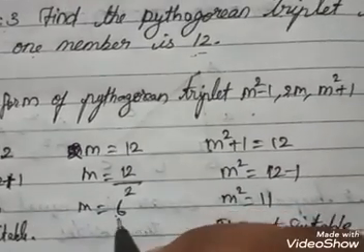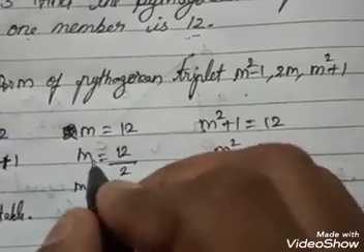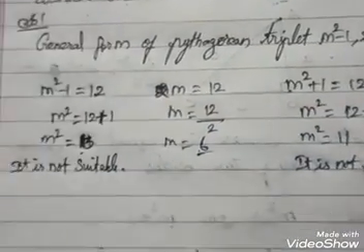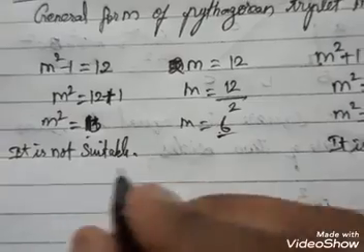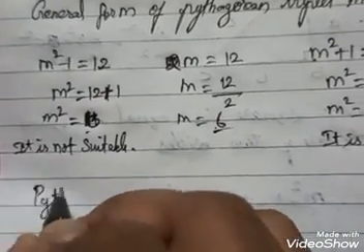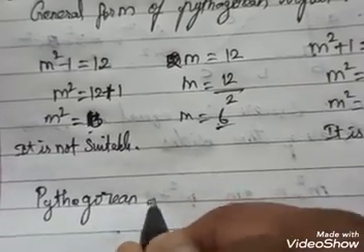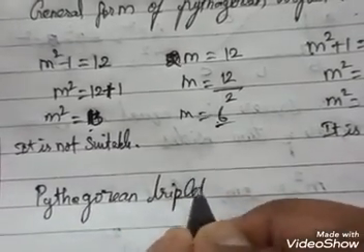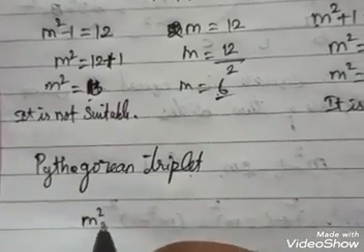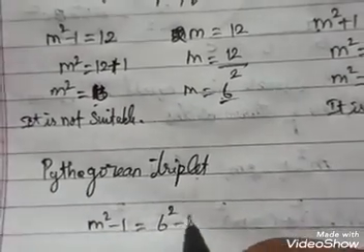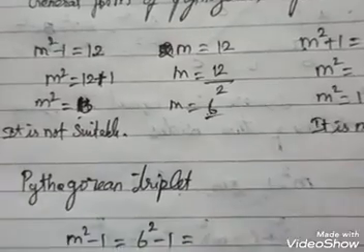Okay, so now you get the value for m, you need to find out the Pythagorean triplet. First one, m square minus 1, 6 square minus 1, because 6 is the value of m.